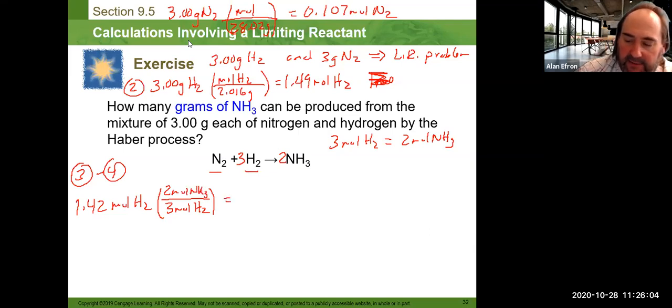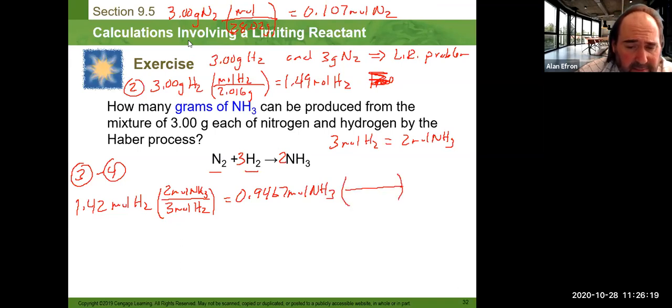And again, if you got an answer at this point, you are looking at 0.9467 moles of NH3. We then can convert that into grams, which is step number 4. We need the molar mass of NH3, so that's 14 plus 3 times 1.008 for our hydrogen.